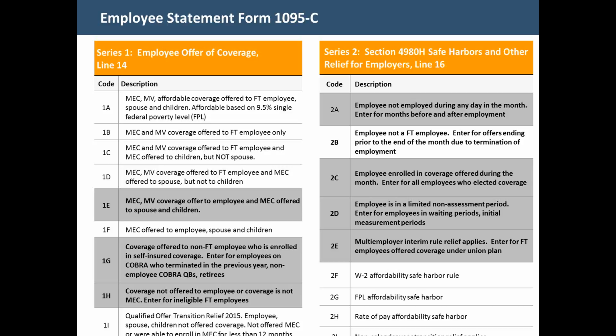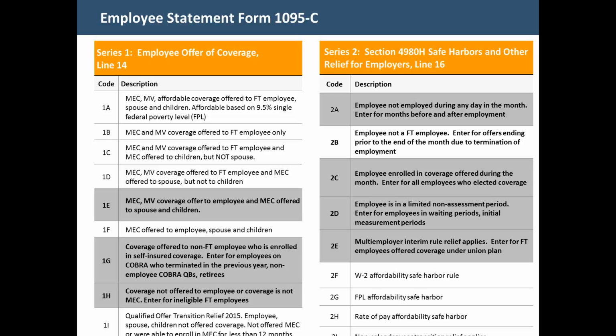For employees that do enroll in coverage, you then need to indicate accordingly on line 16 with code 2C. And then those individuals either will get, if they're covered under a self-insured plan, they'll be listed on Part 3, or they'll be issued a 1095-B from their insurance carrier.